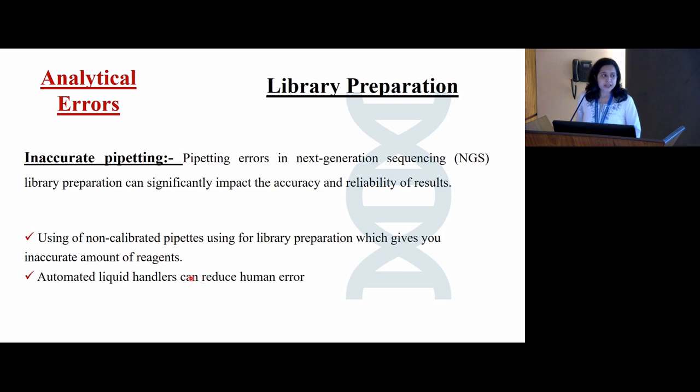Non-calibrated pipettes can give you improper results, especially when you are loading very small amounts, 1 microliter or 2 microliters. In that condition, you can use multi-channel pipettes, or you can use an automated liquid handling system. This is a little expensive, but you can also implement it in your system.